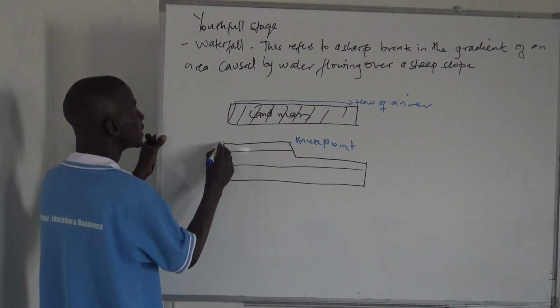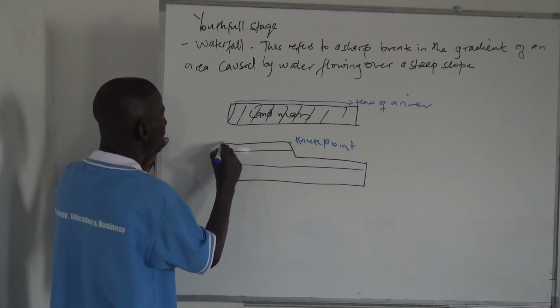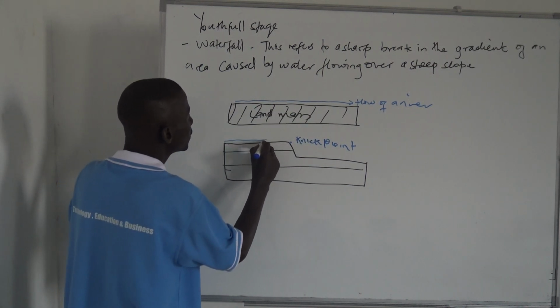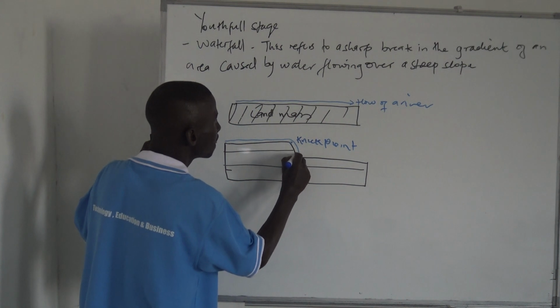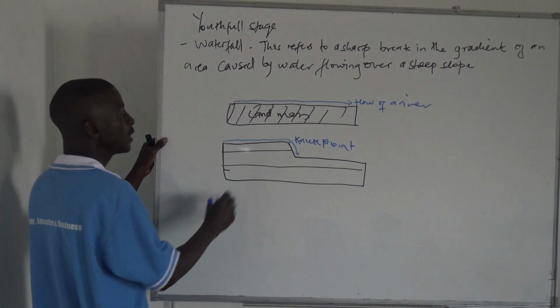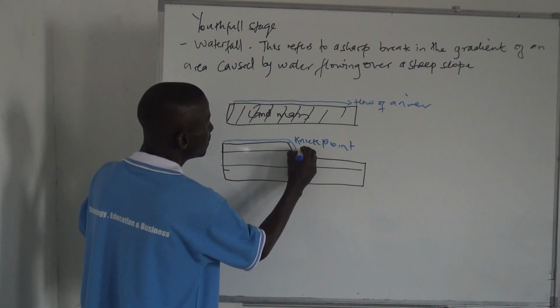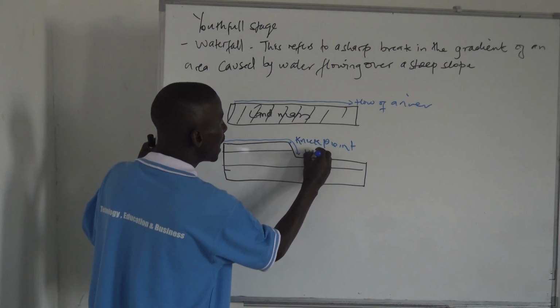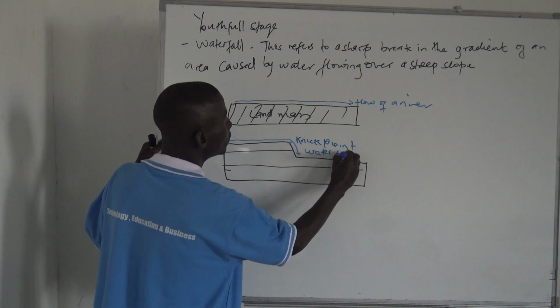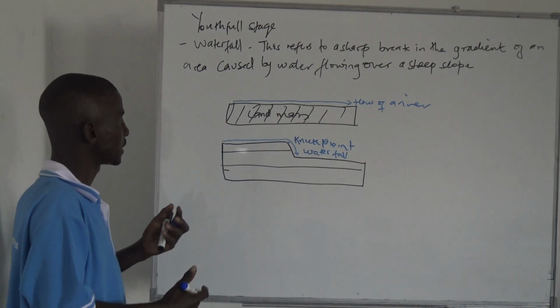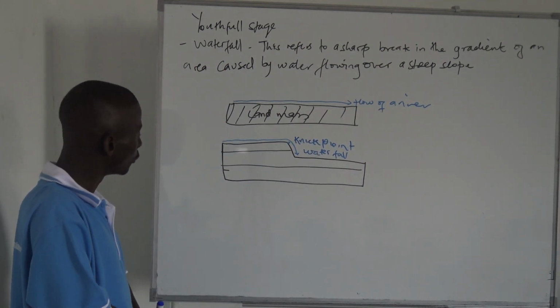Now, because of this, water which was flowing on a flat land is forced to flow over a steep slope. And when it flows over a steep slope, then this becomes a waterfall. That's how waterfalls sometimes are formed.